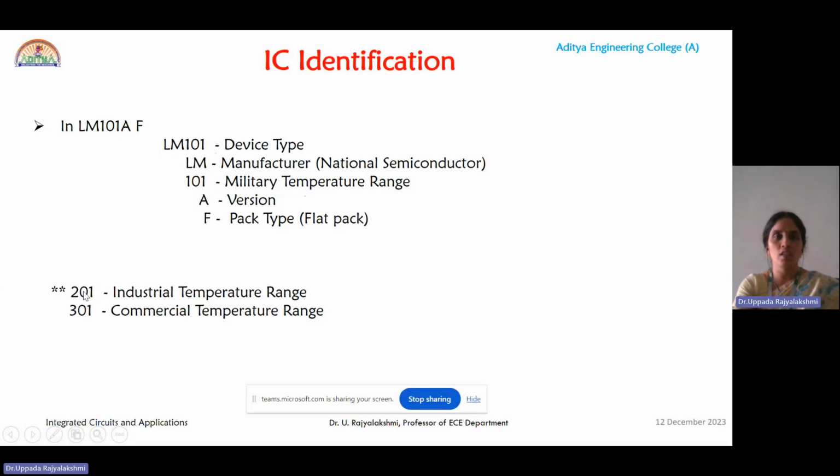For example, the industrial temperature range is defined by the numerical 201, and the commercial temperature range by 301. The A represents that it is an advanced version. And F represents the type of the package, that is flat package, and this is suitable for military applications because the temperature range is the military temperature range.